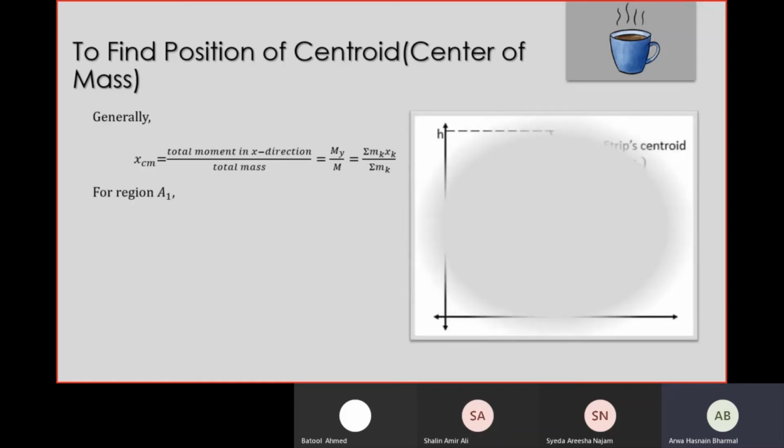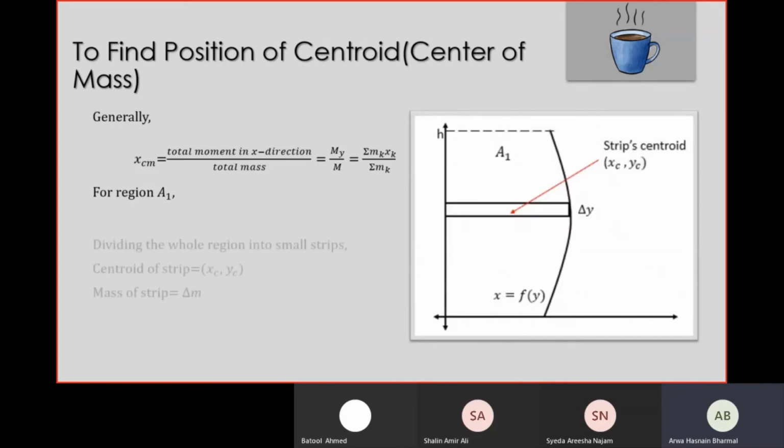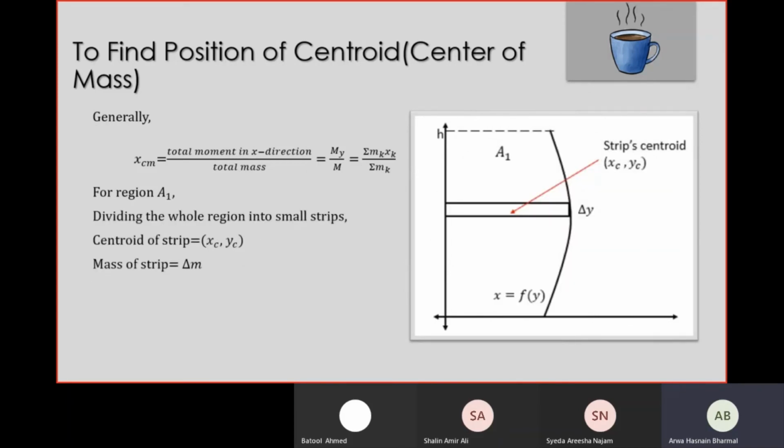Now, for region A1, we divide the whole region into small strips, and the centroid of each strip can be given by xc, yc, and the mass of each strip that is concentrated toward the center of the strip is given by delta m.